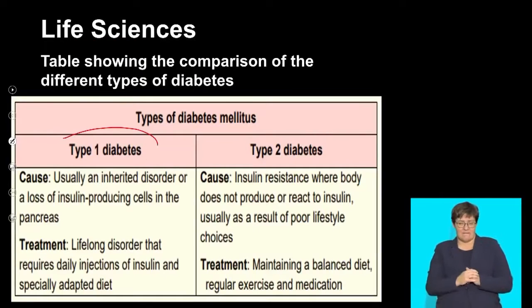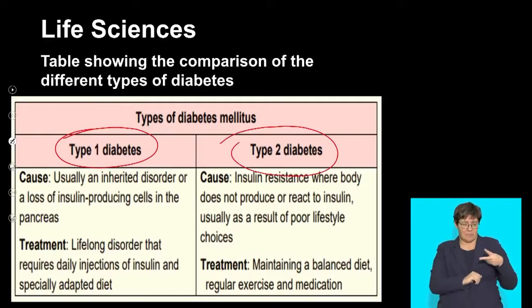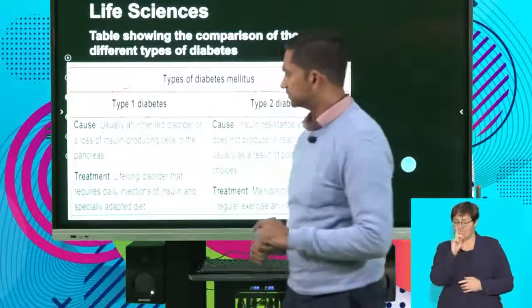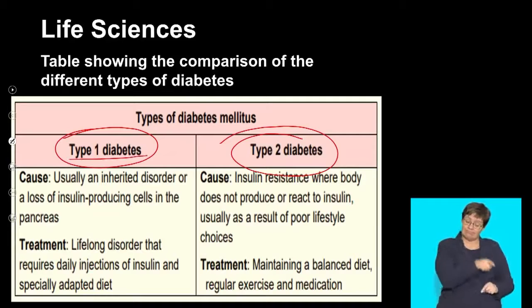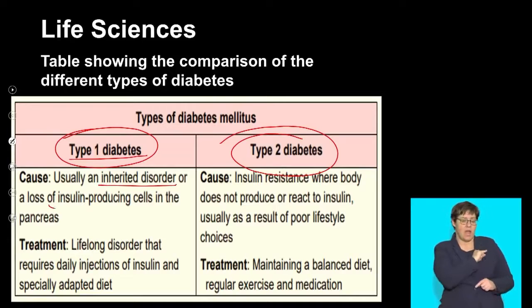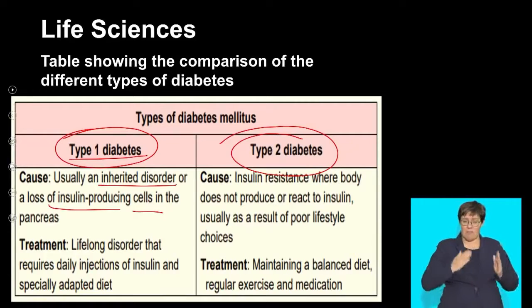Guys, there are two types of diabetes if we broadly speak about that. Type 1 and type 2. What is the difference between these two? Let's unpack that. So type 1 diabetes essentially is an inherited disorder, and it is a result of insulin producing cells in the body being destroyed.